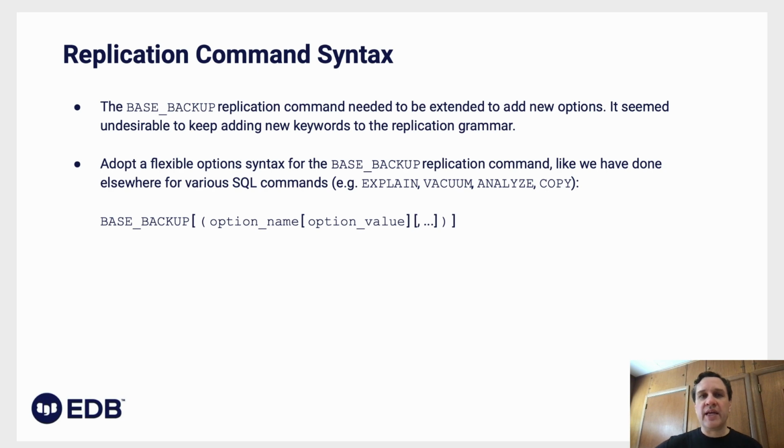So you write a name and then maybe a value and then a comma and then the next option name and then maybe a value for that one and then another comma. And then when you get to the end of your options list, instead of the last comma, you write a closing parenthesis. So base backup now has a grammar that looks like this. It just makes it a little bit easier to plug new options in there without having problems at the grammar level.